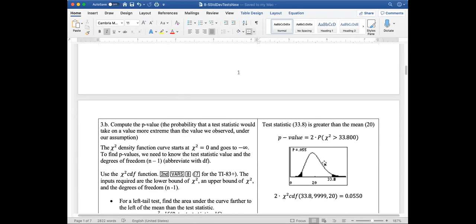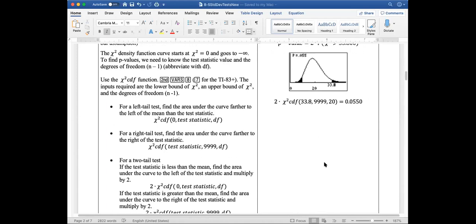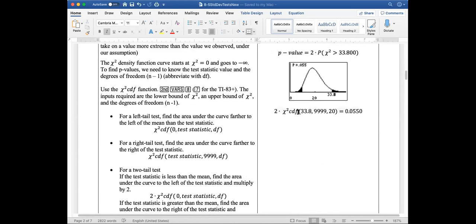And if we look at the p-value approach, we have to use the chi-squared CDF function. And CDF functions, we've seen these before in the test of proportion. There was a normal CDF. In the test of the mean, there is a t-CDF. And when we're dealing with tests of standard deviation, it's a chi-squared CDF. All these CDF functions are under 2nd VARS. And in this case, it is 8 if you have a TI-84 Plus, or 7 if you have a TI-83 Plus.